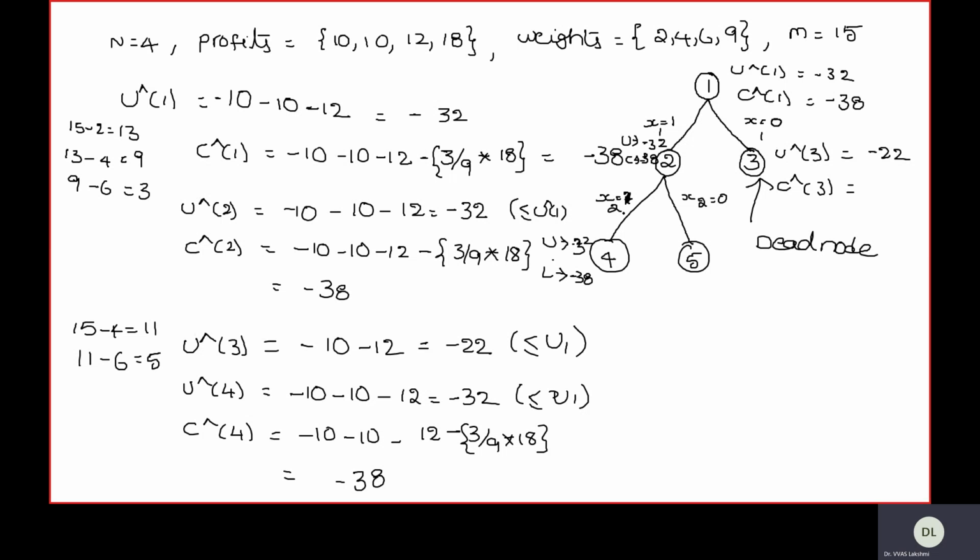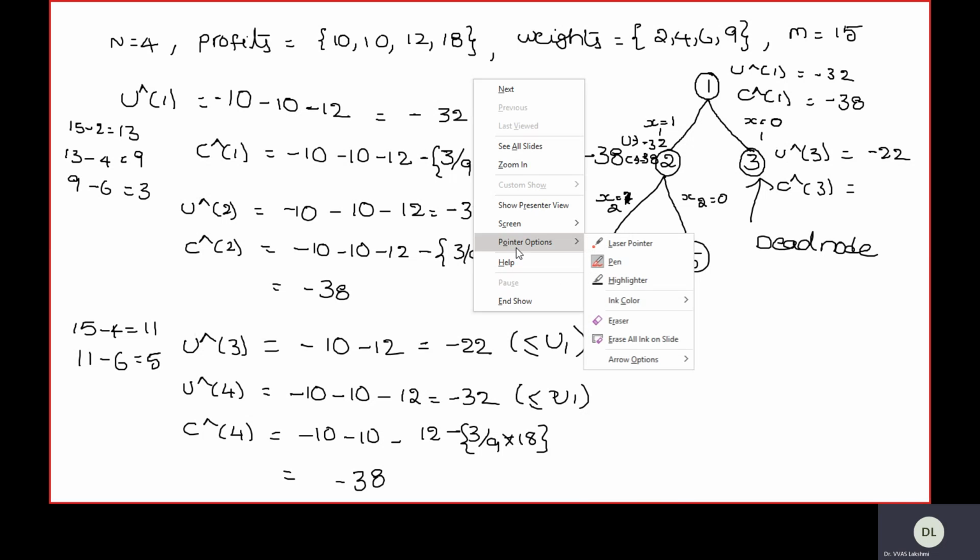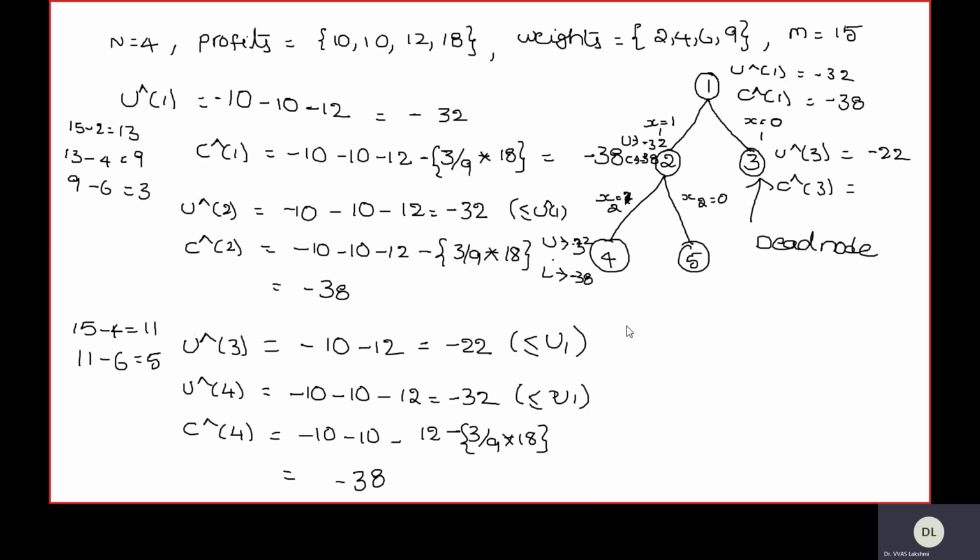Whenever this upper bound of 4 is less than or equal to the upper bound of 1, the node will be expanded and it generates two children. So 6 and 7 are going to be generated.